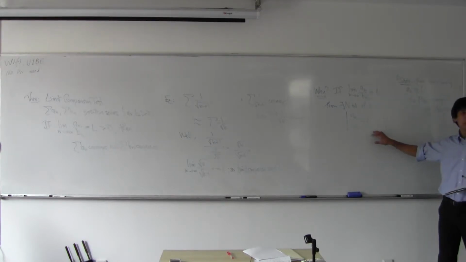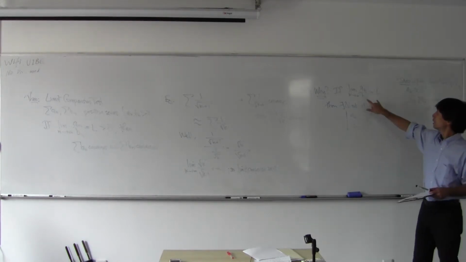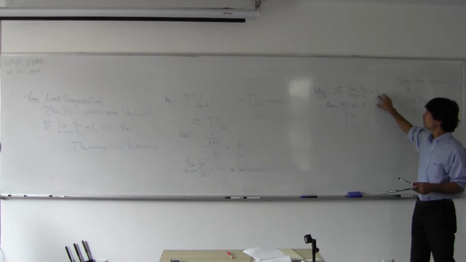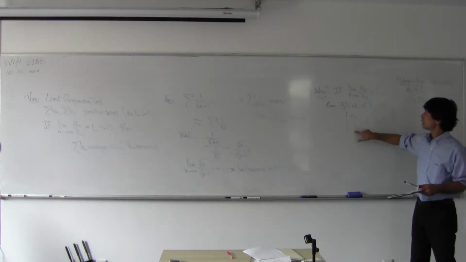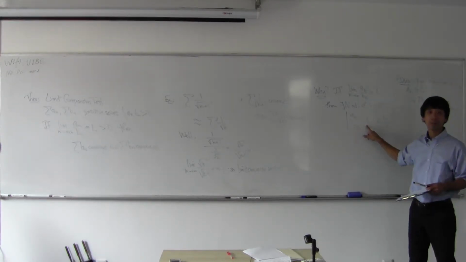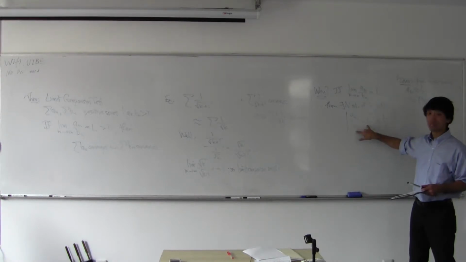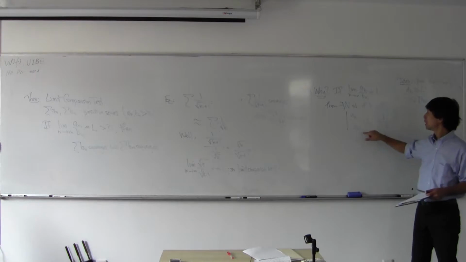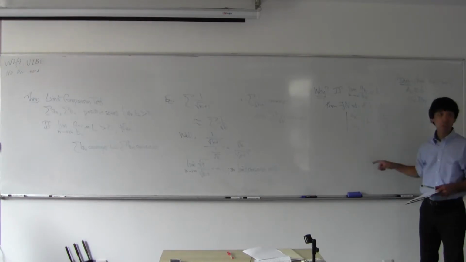Does that make sense? Remember, if the limit is something, then we can make the terms as close to L as we want. We're going to make them L over 2 close.